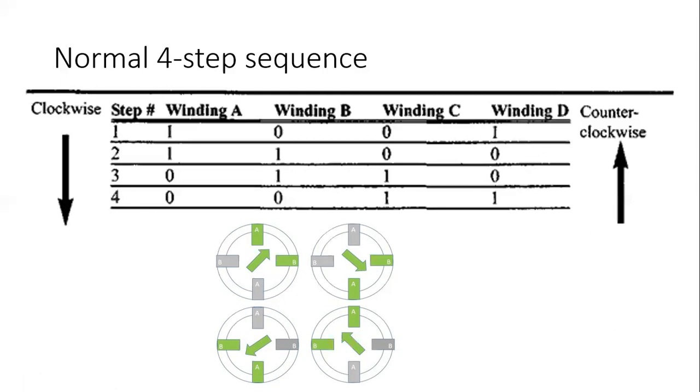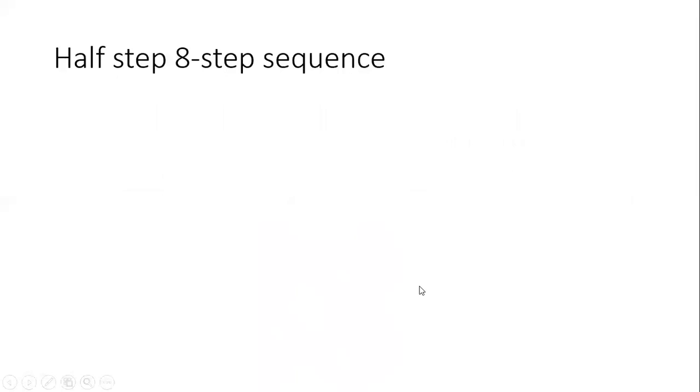But if you want your step movement at a micro level, like in odd numbers, then we can use the half step sequence. In the half step sequence, instead of four step, we make it an eight step.